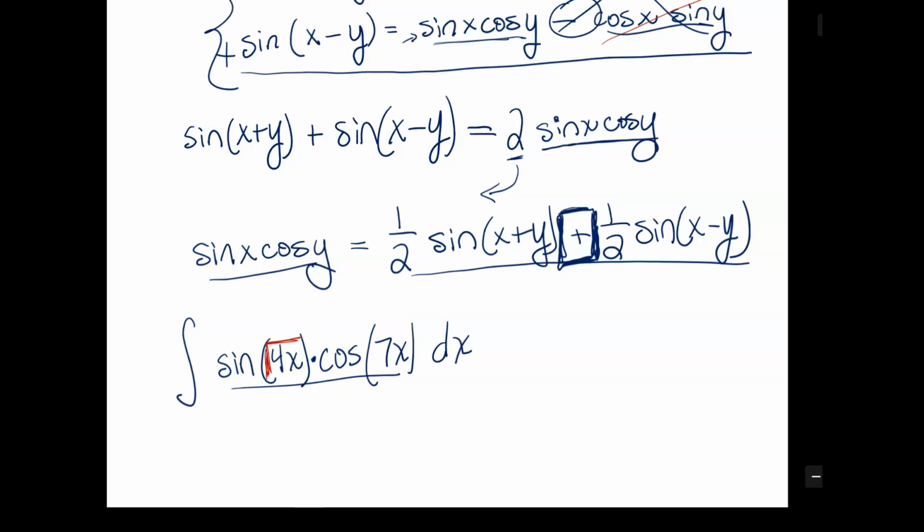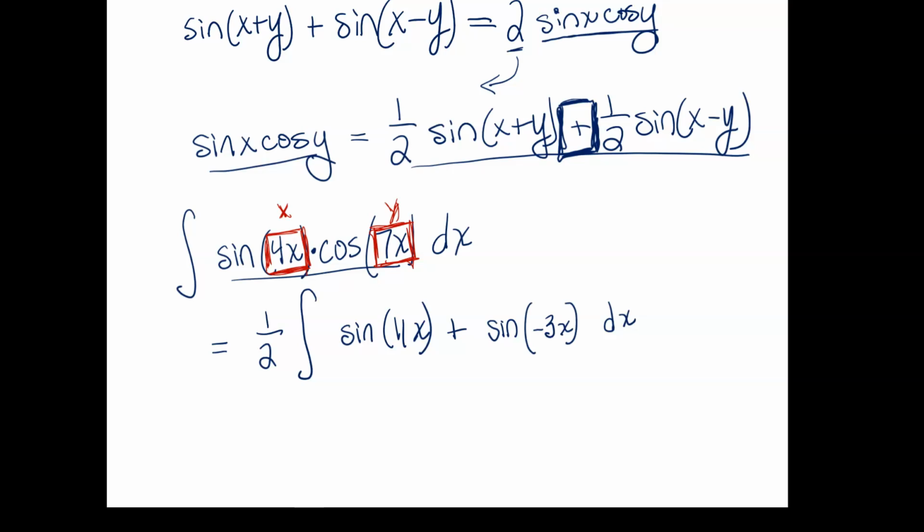And these are what we're going to be plugging in for the x and the y in that formula. So it's 1/2 the integral of sine of the 2 angles added together, so sine 11x, plus sine of the difference between the 2 angles, which would be 4x minus 7x, is negative 3x. You can now work these 2 integrations individually with a u substitution for the angle.